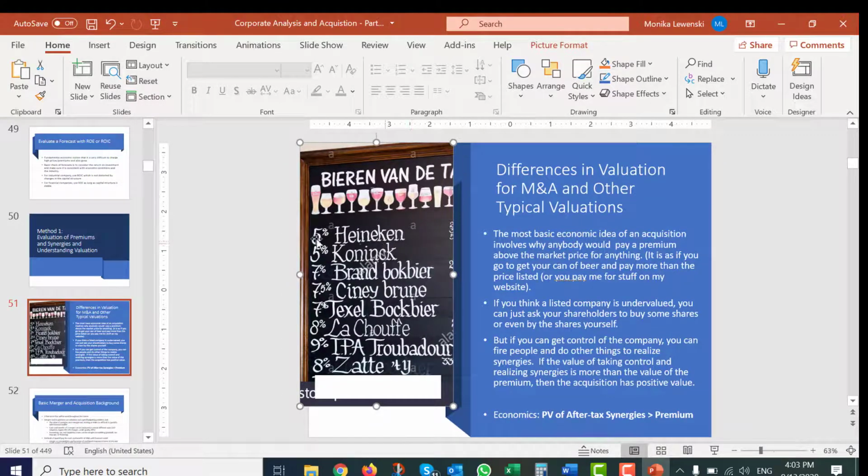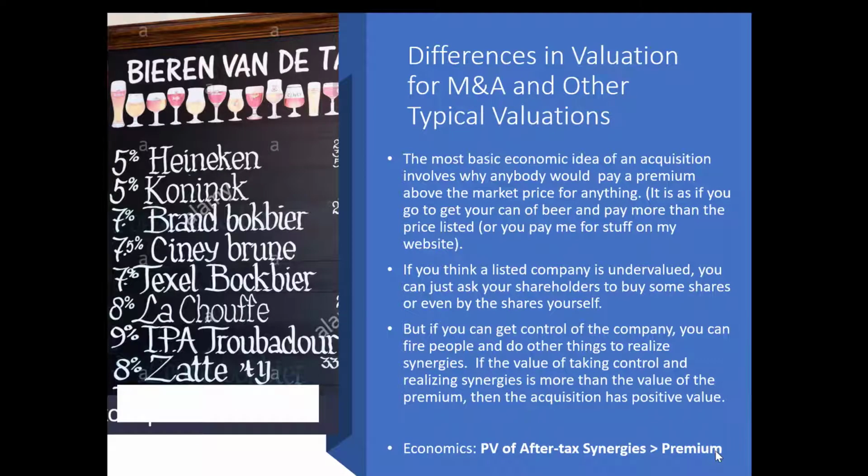Whatever it is, I'm going to go into the bar, and they say the cost of beer is, I don't know, €3, €5, whatever. I'm going to offer to pay 20% more. Why would you ever go to a bar, and if they say, here's the price, you say, no, I want to pay more? But that's a premium. That's what a premium in a merger is.